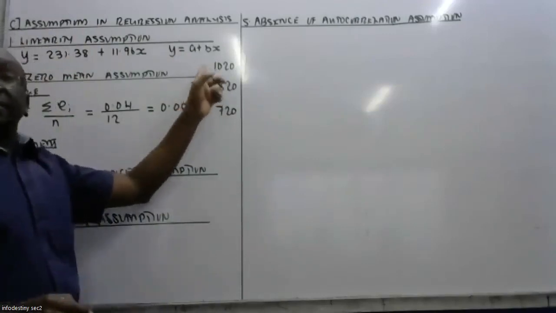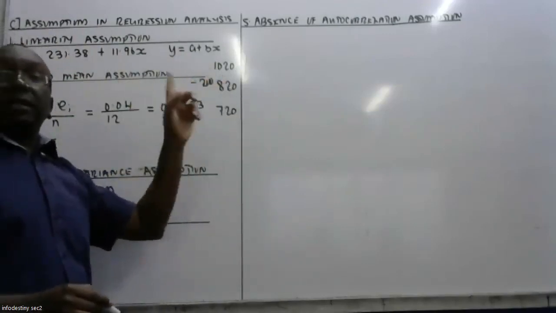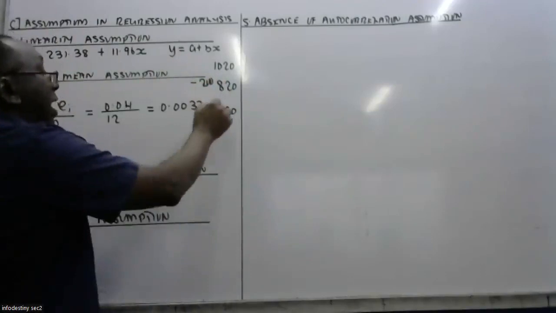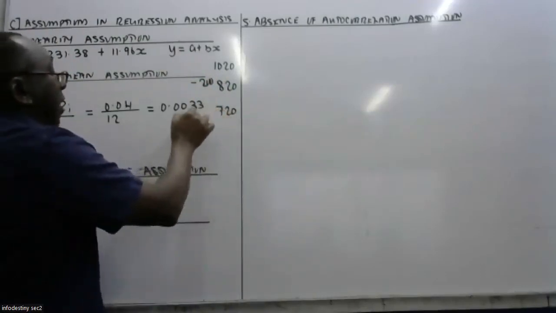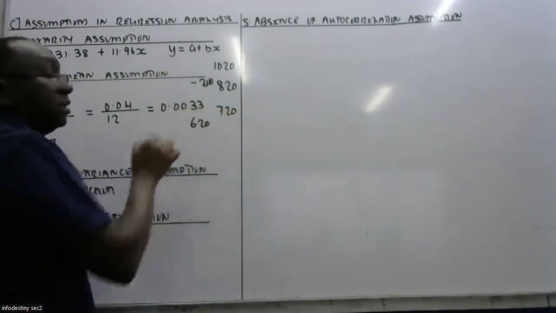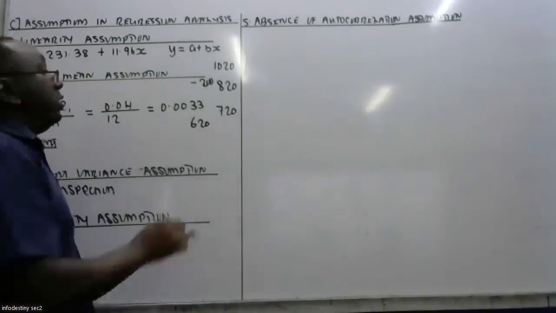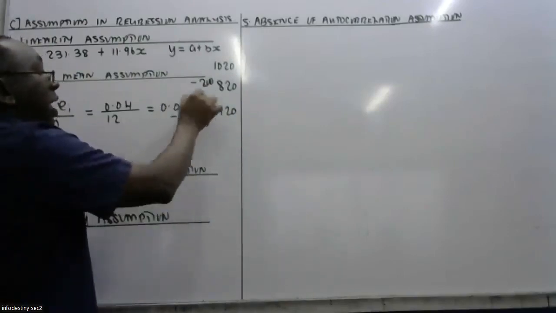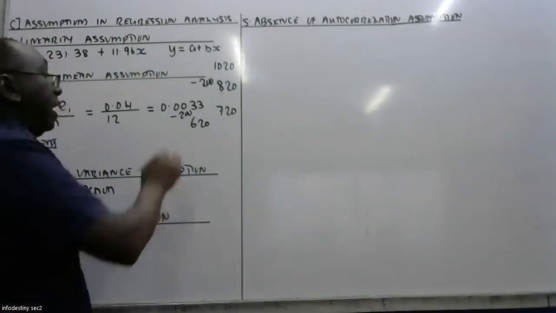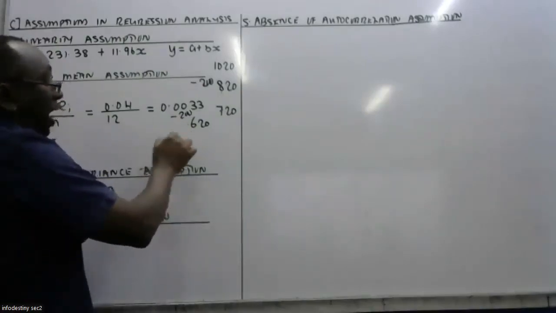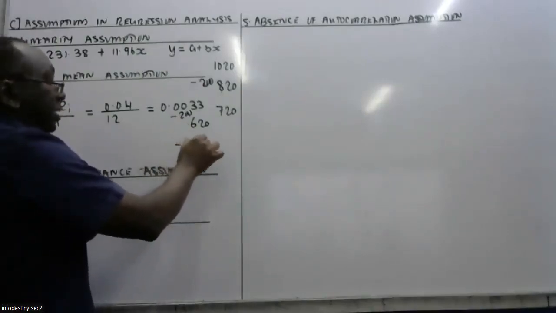If this is the pattern, that you must subtract 200, then here I should have gotten 620. Then the next one I subtract 200 and remain with 420.